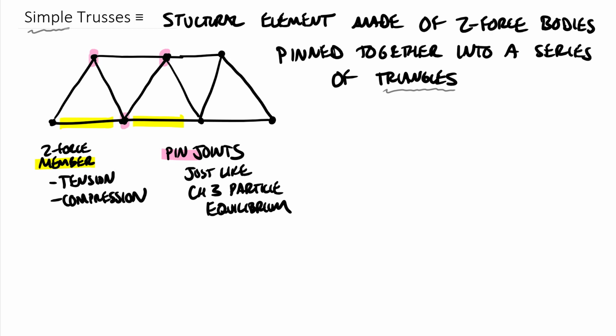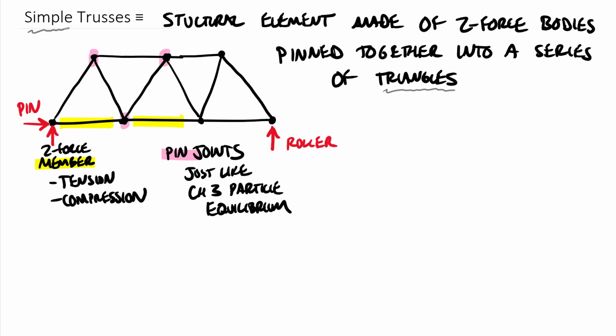Now, in order to support these trusses, they're a structural element, basically a series of these two force members and joints, but in the end, they're going to act like a rigid body. We know that rigid bodies can have up to 3 external reactions that we could solve for. If we have a pair of reactions like over here on the left, this would be analogous to a pin, and over here on the right, this would be analogous to a roller.